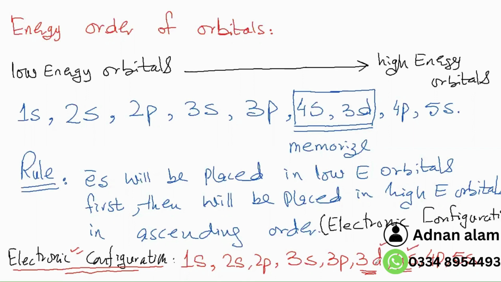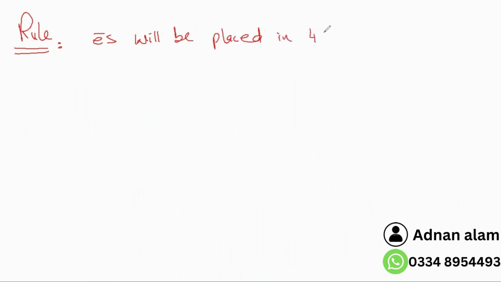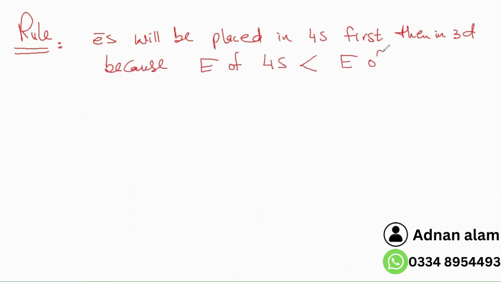But in terms of writing, 3d will be written before 4s. I think you should note this rule as well, that electrons will be placed in 4s first, then in 3d, because the energy of 4s is lower than the energy of 3d.